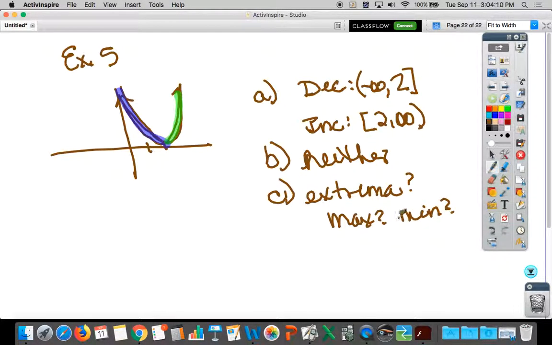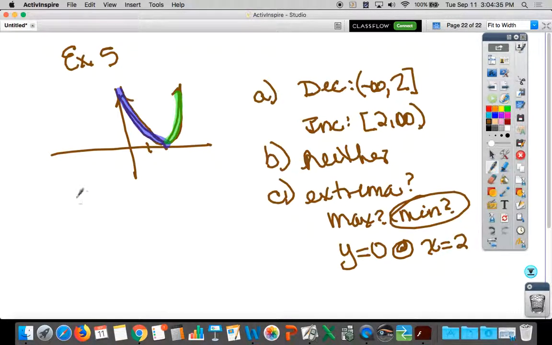Does this one have a max or a min? It's got a min at, remember with maxes and mins, we use what value? Y. So where is my min? Y equals 0 at X equals 2. Remember, you have been quizzed and tested on this.